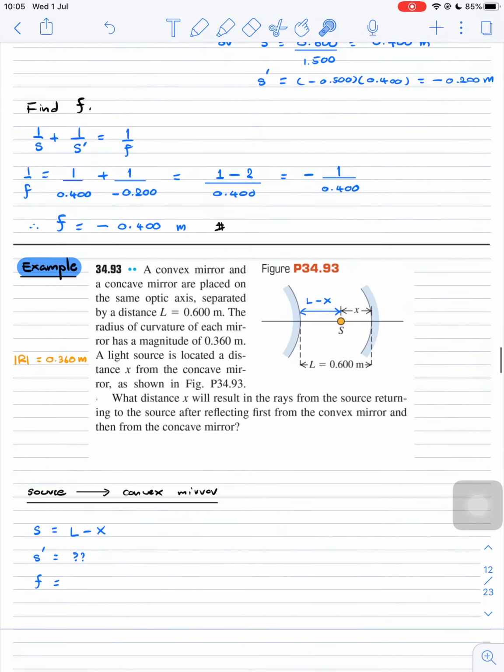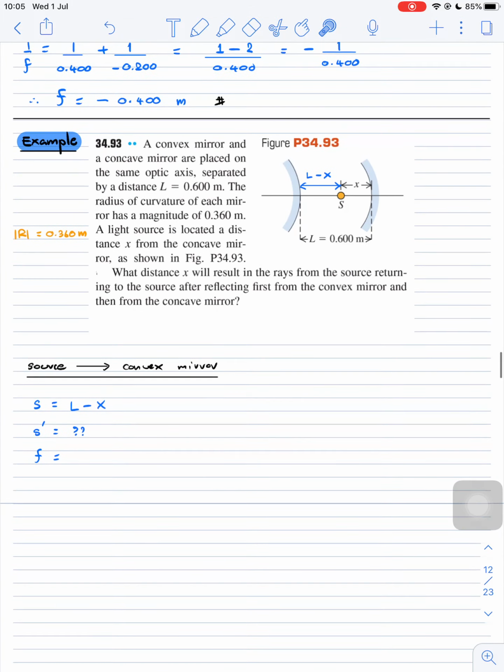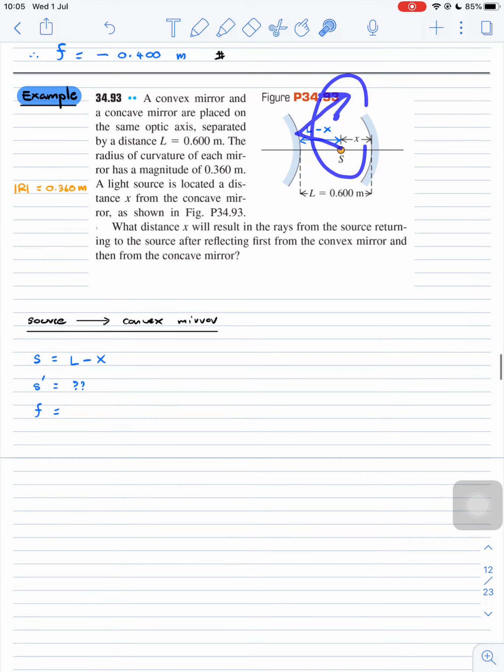The focal point of this mirror is on the left hand side, but the reflected ray is on the right hand side, because the light comes from the source and reflects off the mirror. So this focal length must be negative.